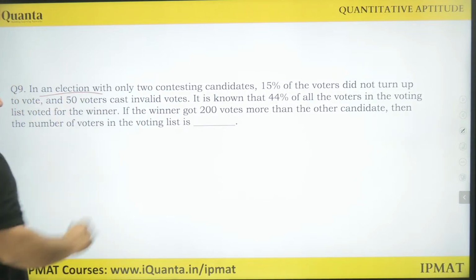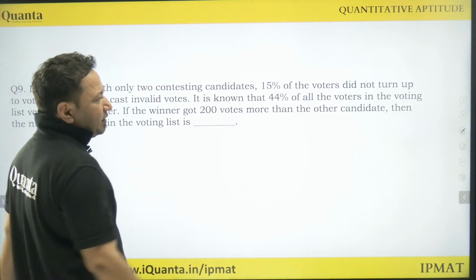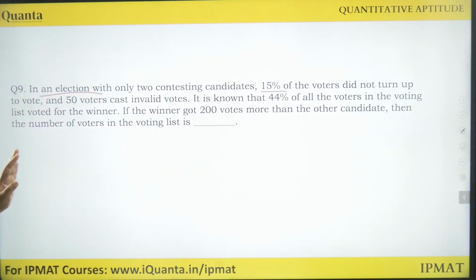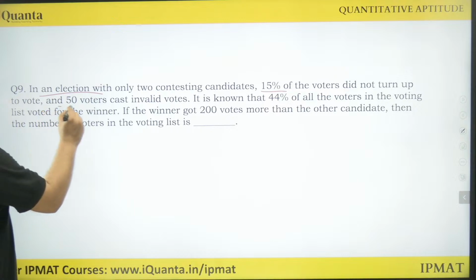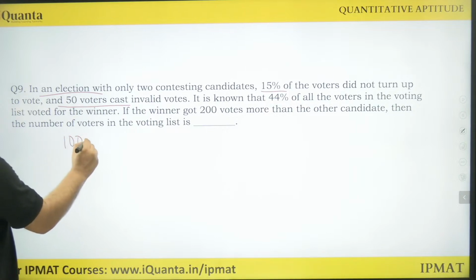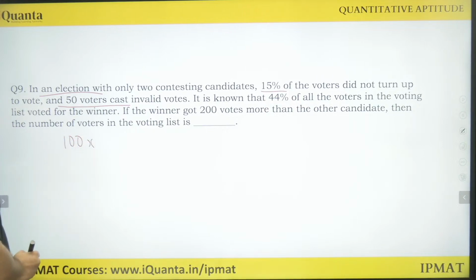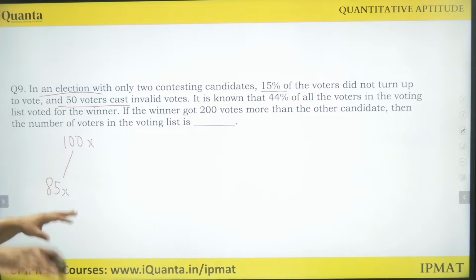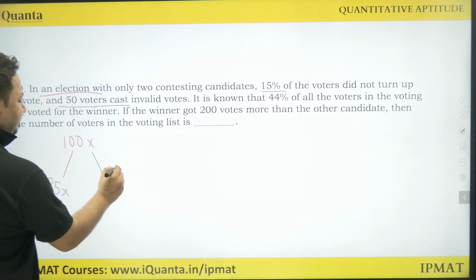In an election with only 2 contesting candidates, 15% of voters did not turn up. Did not turn up at all. All right. And 50 voters cast invalid votes. Wow. Okay. So if I assume the voters to be 100x, that means 85x were the ones who turned up. 15x did not turn up.